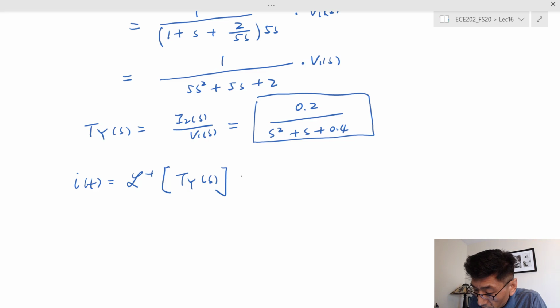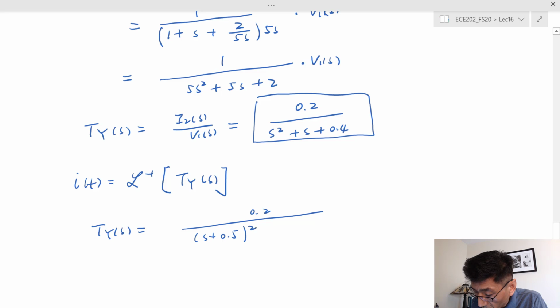The form I want to change here is to rewrite Ty as 0.2 over S plus 0.5 squared. This will give me S squared plus 2 times 0.5 S, plus 0.25, right? And in that case, I got minus 0.25, so I got 0.15 left.